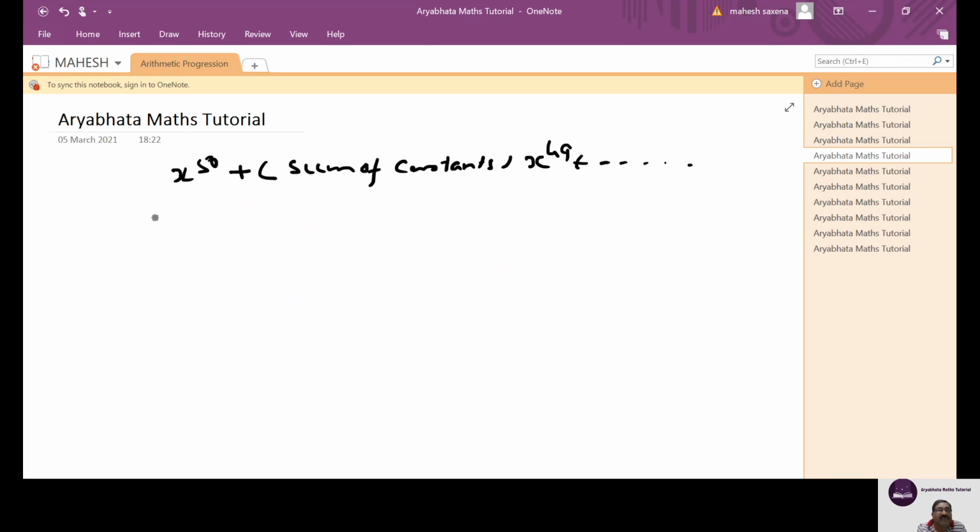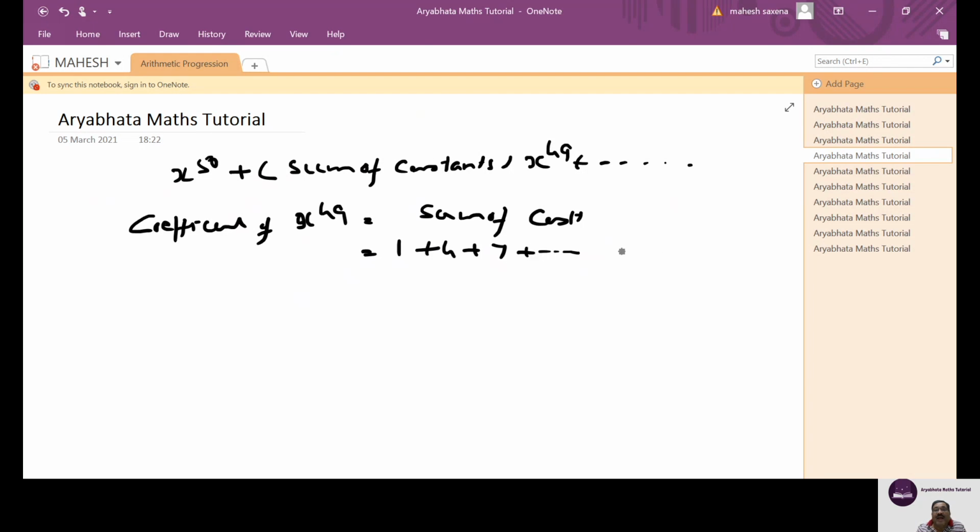Therefore, the coefficient of x to the power 49 is equal to the sum of constants, that is 1 plus 4 plus 7 up to the last term 148, with a total of 50 terms.